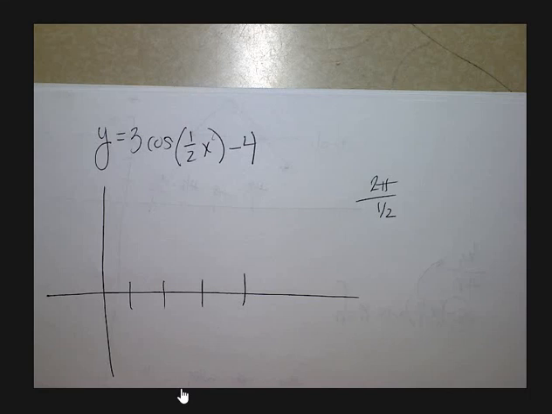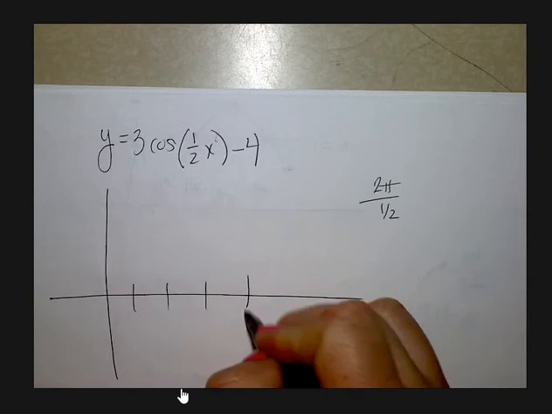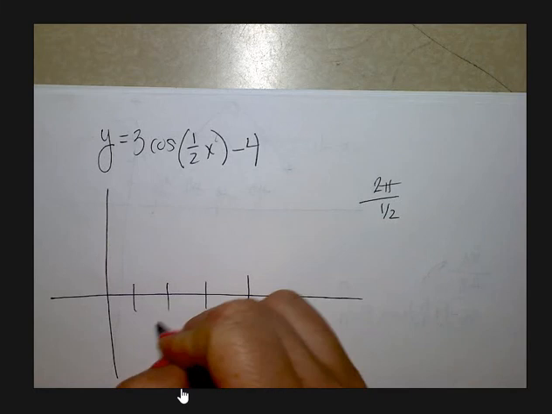Can anybody share with me what would be the period length? 4 pi, good. So put 4 pi down. And then label the other 3, which would be 3 pi, 2 pi, 1 pi. Four pi, 3 pi, 2 pi, 1 pi.